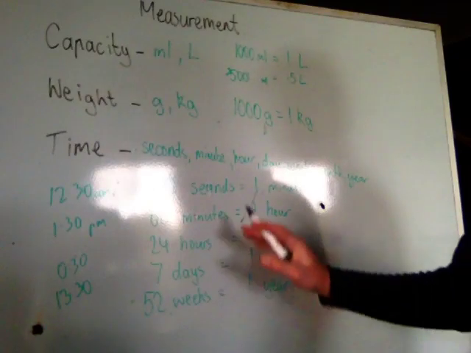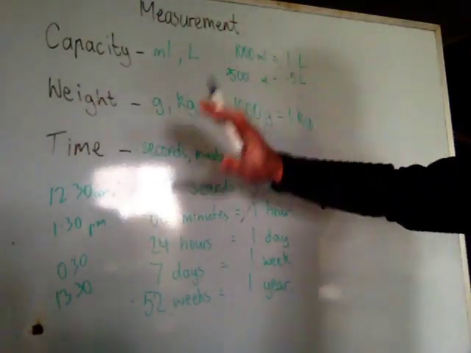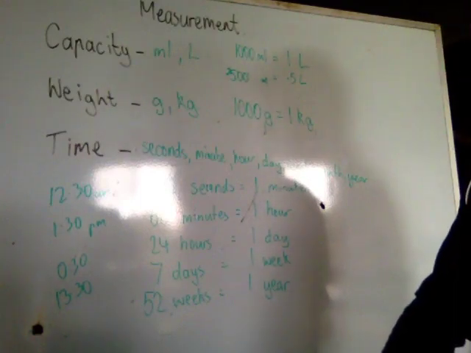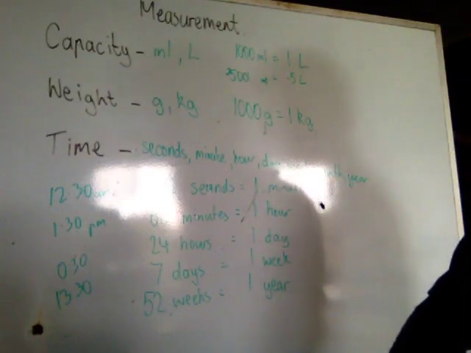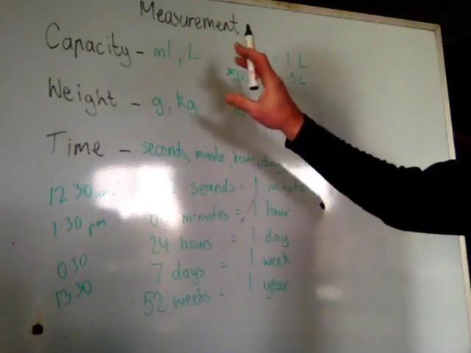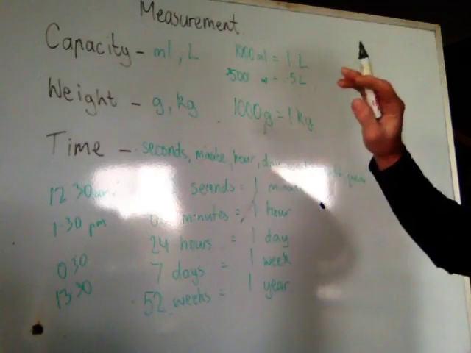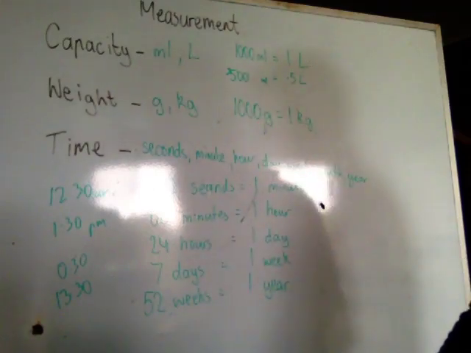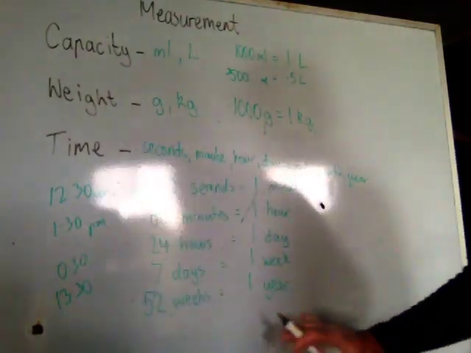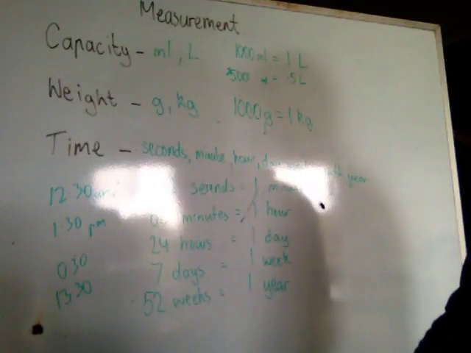Okay, so that is what we're going to be covering this week. In terms of what we're going to be doing, it's very similar to the length because we're just using some conversions. I'll give you some worded problems, I'll give you some games to possibly play, and then I'll give you some worksheets to sort of work out some of these things here.